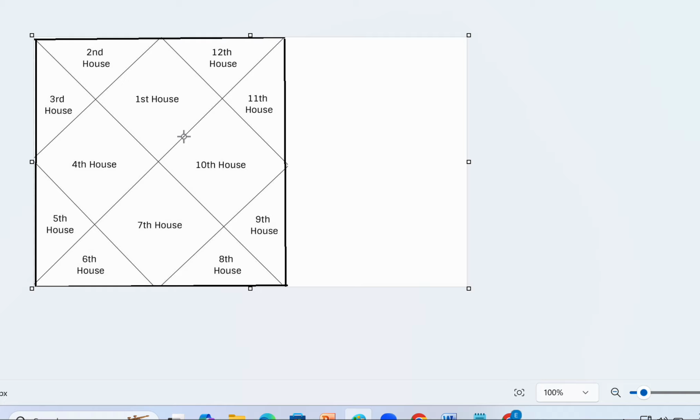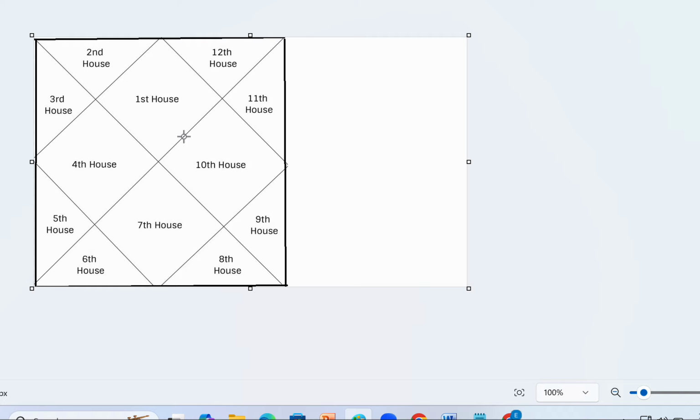Saturn. Yes, Saturn. Why Saturn? Saturn is a slow planet and the 10th house lord.